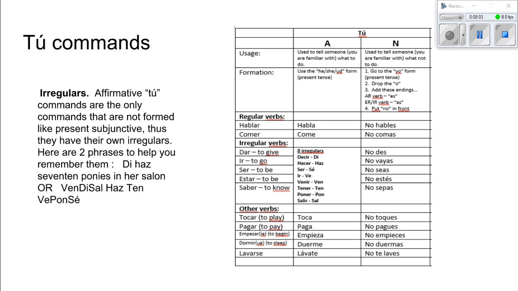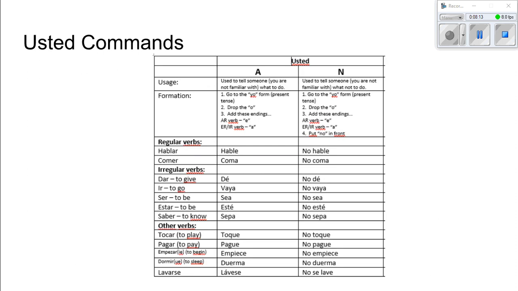And once you attach, you need to put that accent mark in the third counting backwards syllable.